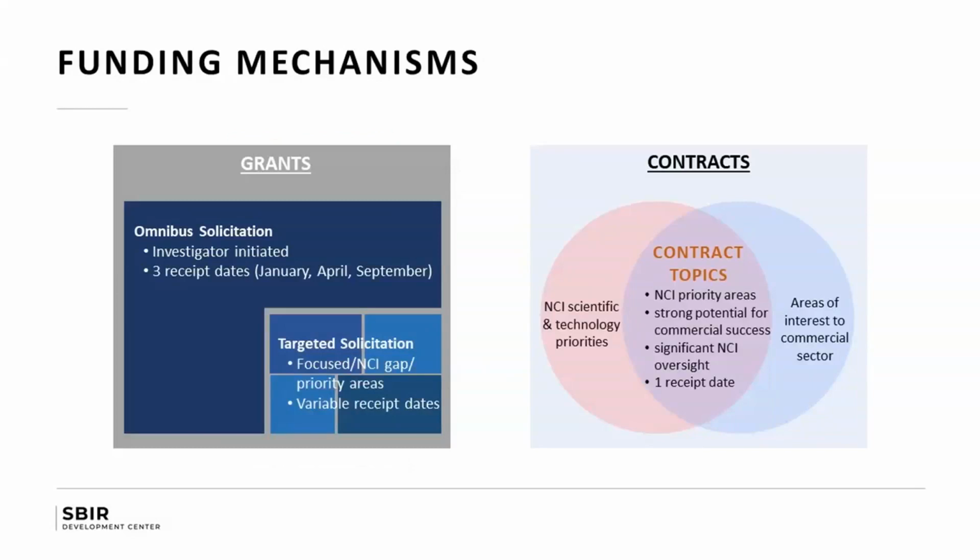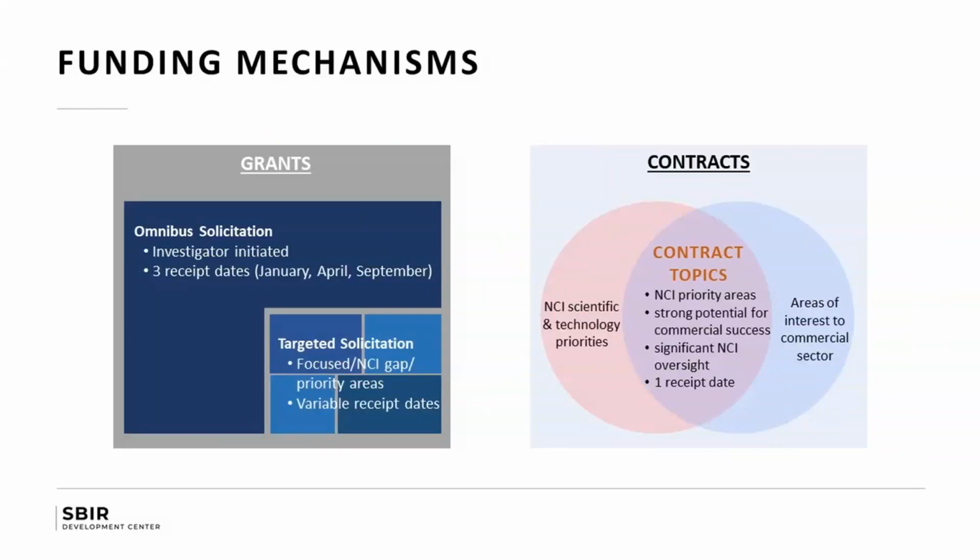Investigator-initiated omnibus solicitations form the biggest chunk of all our grants. However, NCI is also a prolific user of research and development contracts as a mechanism to fund NCI scientific and technology priority areas that also have strong potential for commercial success.